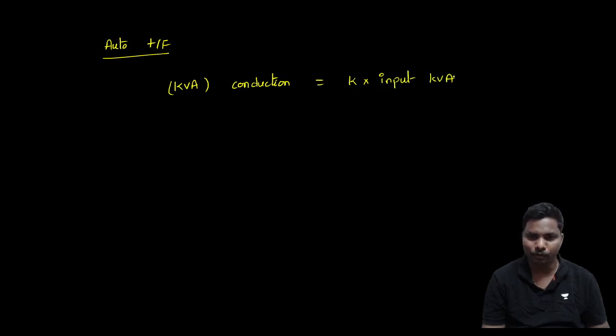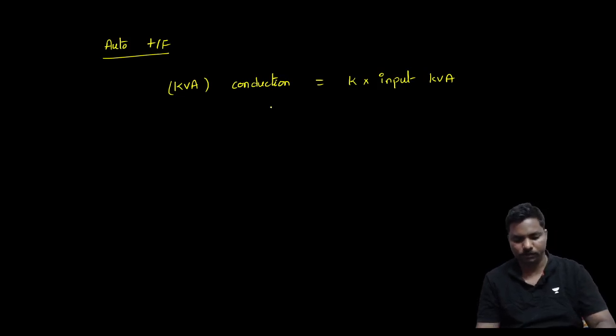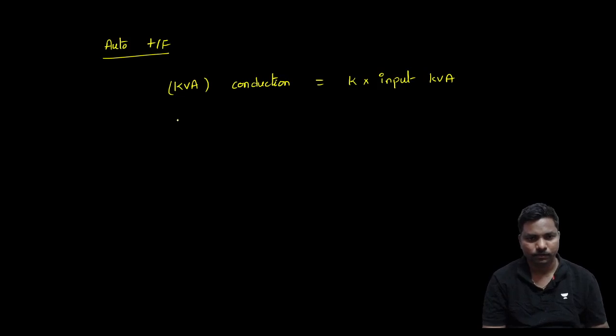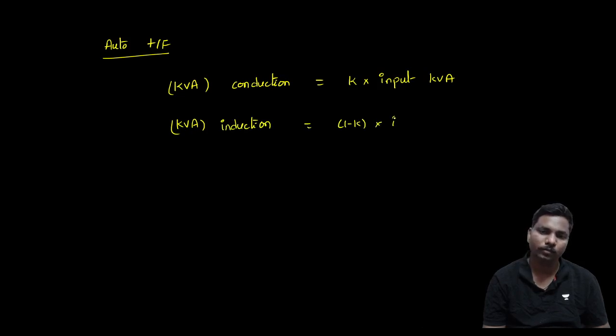If through the conduction it is K, then what about the induction? 1 minus K. The kVA transferred through induction is the remaining, 1 minus K times the input kVA. So very important, guys, all of you note it down.